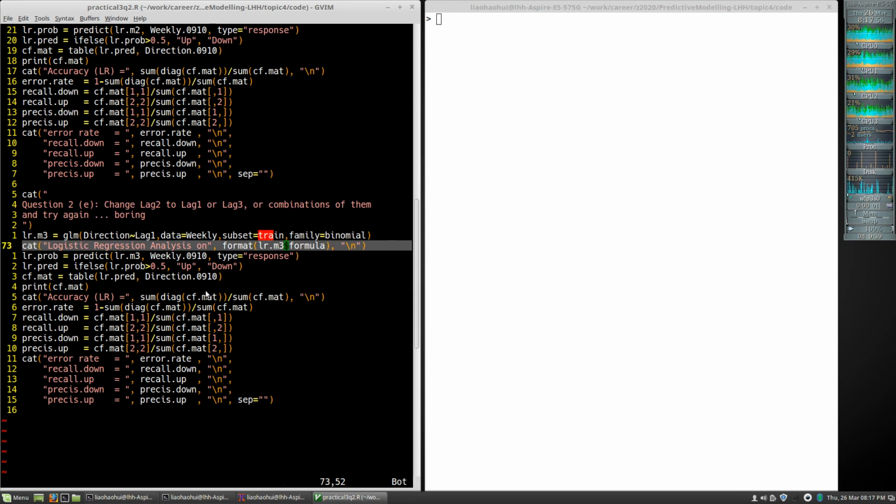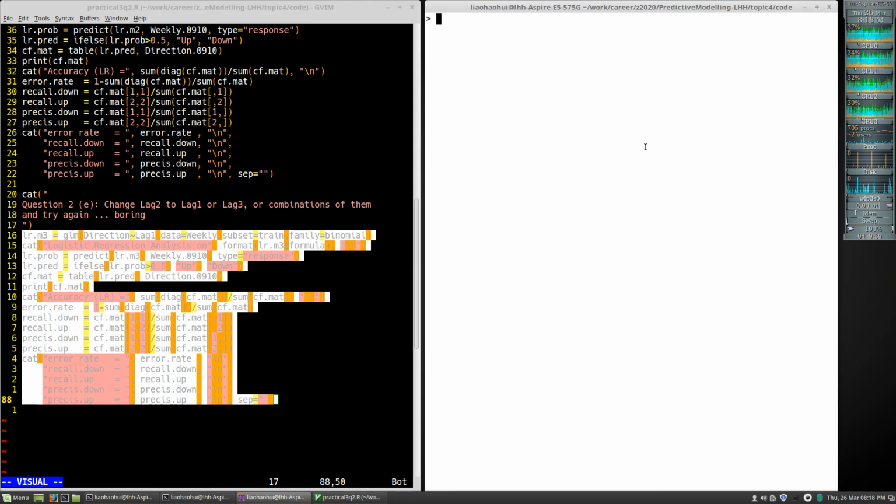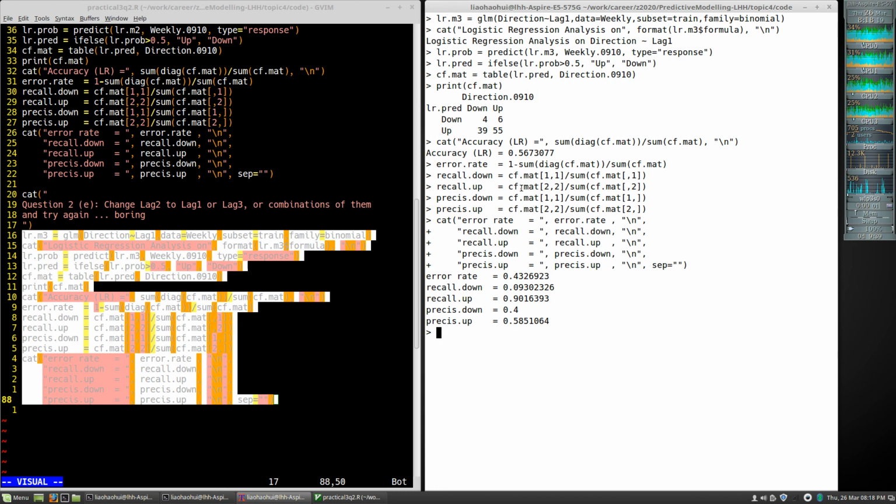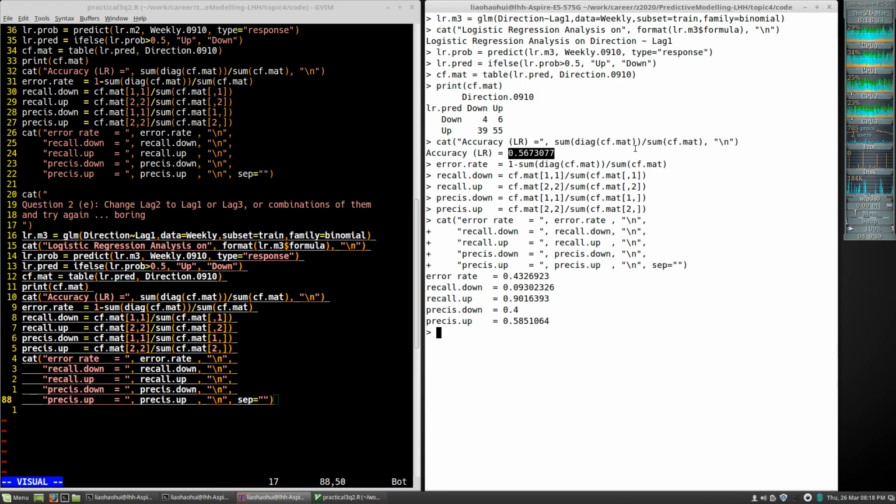Finally, we are asked to play around with other variables. Here I try the variable Lag 1, which was earlier indicated to have some statistical significance, and see how it behaves. To my surprise, the accuracy is actually even lower.